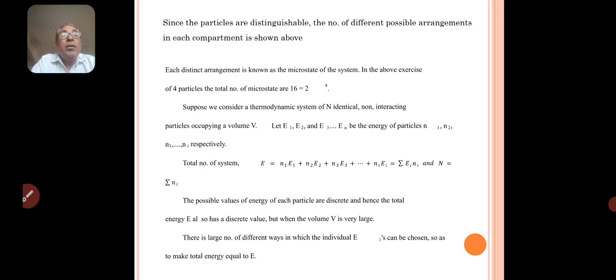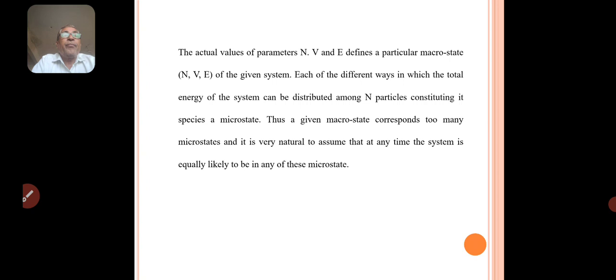But when the volume V is very large, there is a large number of different ways in which the individual energies E1, E2 and so on can be chosen so as to make the total energy equal to E.